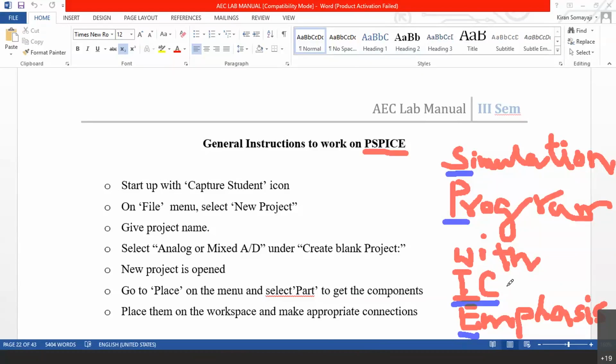It is impossible. Even if we try to connect 1000 transistors in the lab, by the time we connect 1000 transistors, how much time will be taken? And if at all we make connections we make mistakes during the connections, how do we verify? Because if it is only one or two transistors, we can easily connect. How do we connect 1000 transistors?